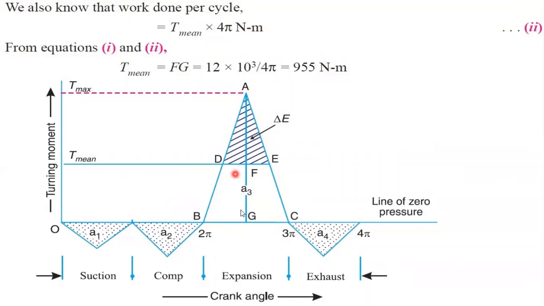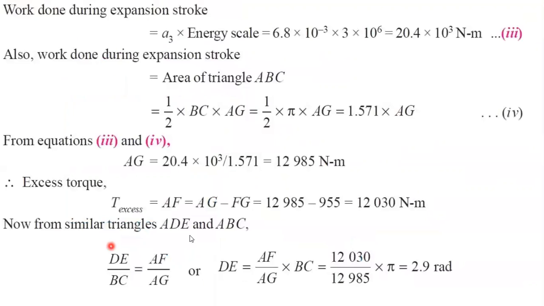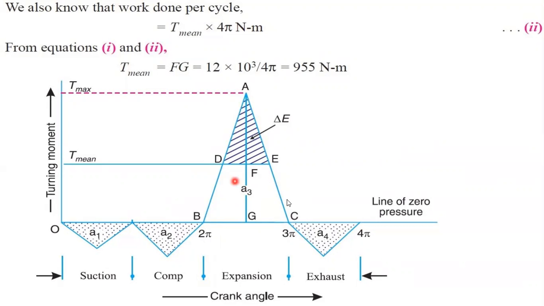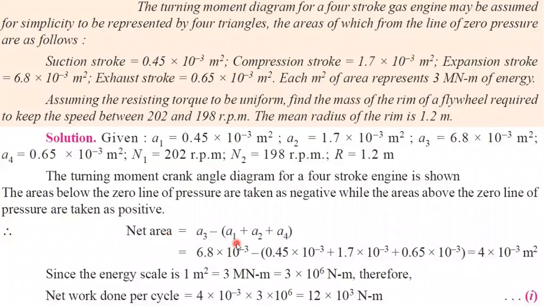So only the expansion stroke is positive, and compression, suction, and exhaust are all negative. So the net area is A3 minus the summation of A1 plus A2 plus A4, and finally we get a net area of 4 into 10 power minus 3 meter square.